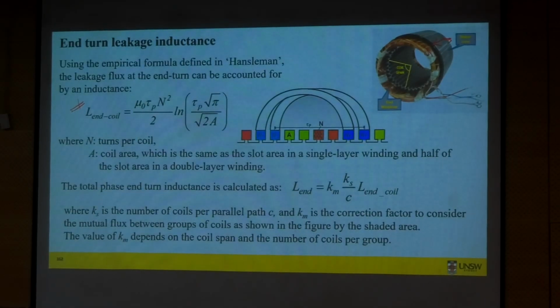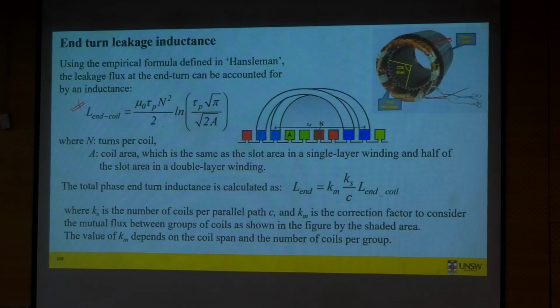So usually you have to calculate it outside using an empirical formula like the one shown here, and add it to your calculated inductance. This is an empirical formula for each coil, and the total end turn inductance is calculated from this end turn coil inductance.